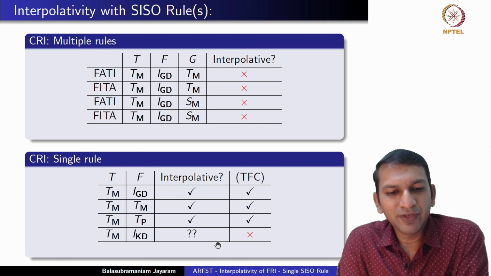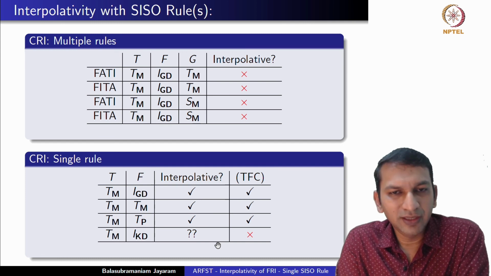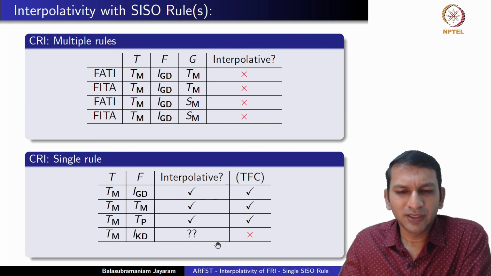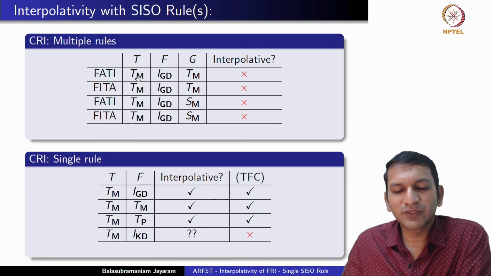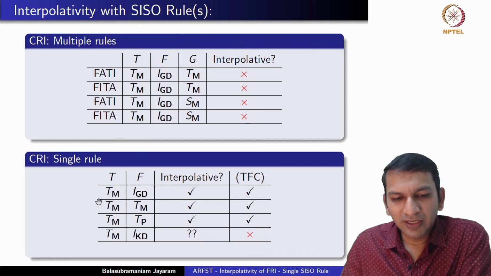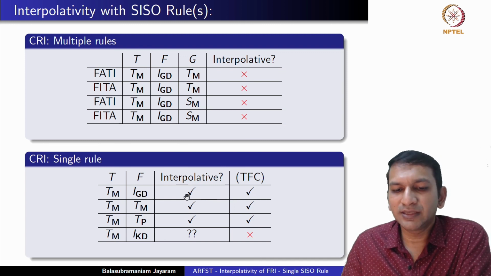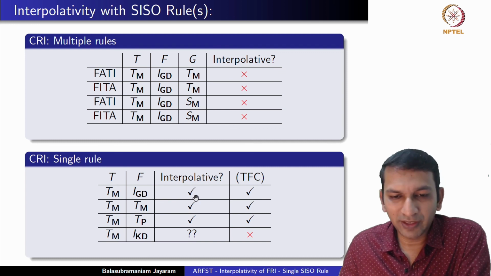Look at this. We have discussed only the case of a single SISO rule. We need to discuss the case of multiple rules, but a quick recap of what we have seen in the previous lecture. When we consider the CRI for a single SISO rule, this pair, minimum and Gödel implication, satisfy TFC and hence they give rise to interpolativity.